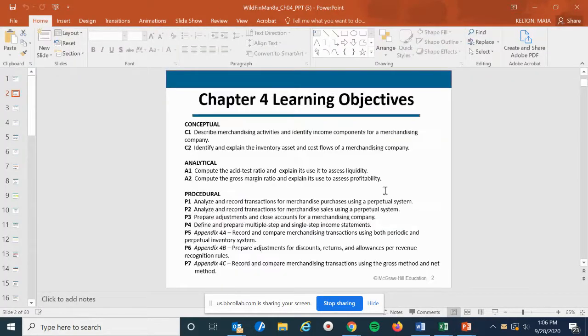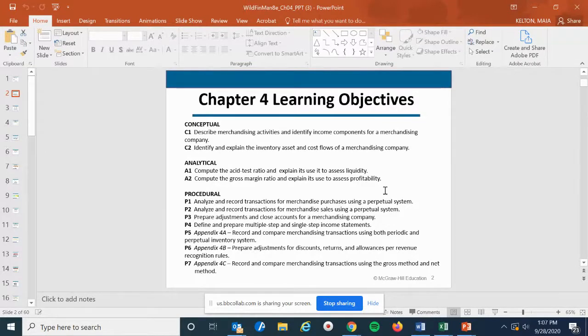So our goal today would be to learn to follow and understand the business cycle of a merchandising company. Then we'll talk about what inventories are, where inventories belong on the financial statements, why are inventories important for a merchandiser, and how inventories move through the business cycle of the company.